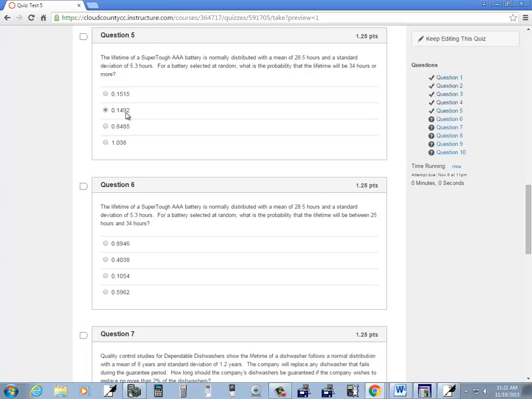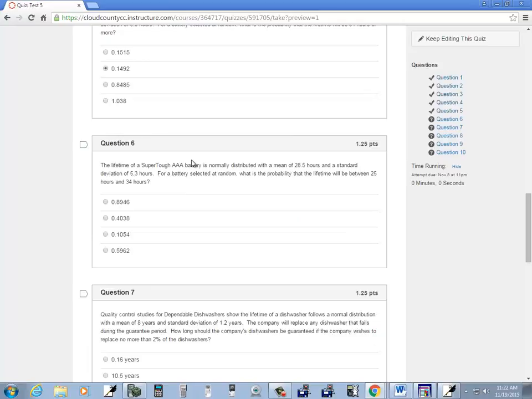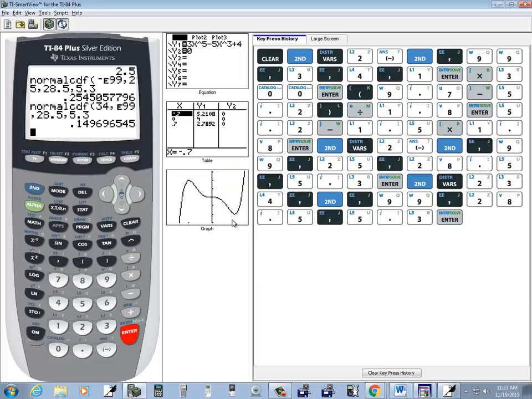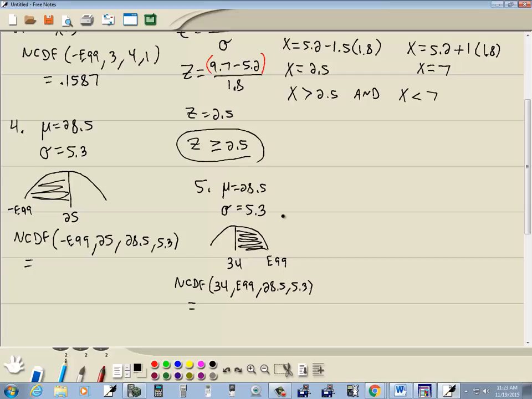Again, taking into account the differences, this is the one that's closest. It's frustrating when you have problems dealing with technology and by hand, since they do come up with slightly different answers. Our answer is actually more accurate, but when you're doing it by hand using tables, it's not as precise.